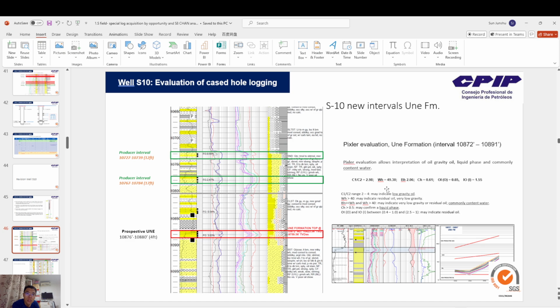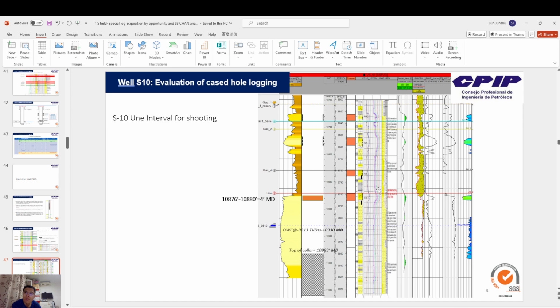So this part, carbon 1 divided by carbon 2, nearly 3, indicates low gravity oil. S10 Uni interval for shooting. Only this part, 4 feet. This is the resistivity.